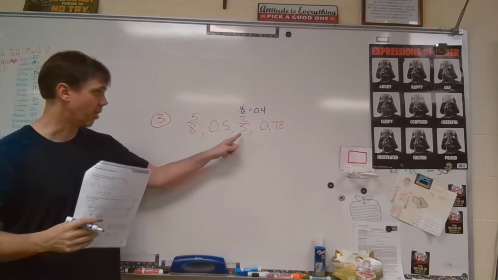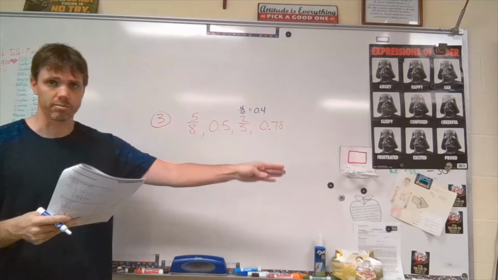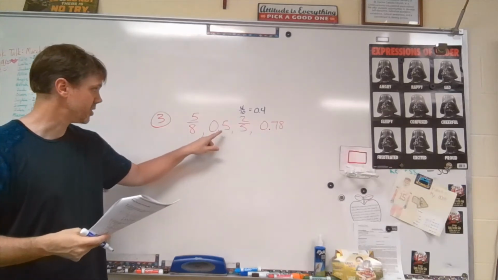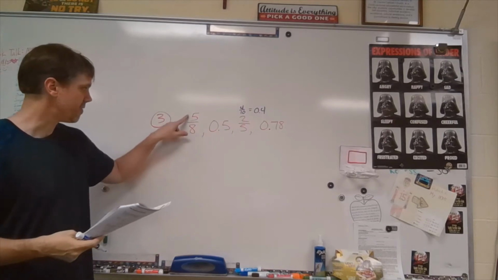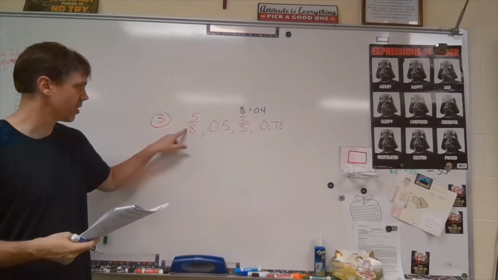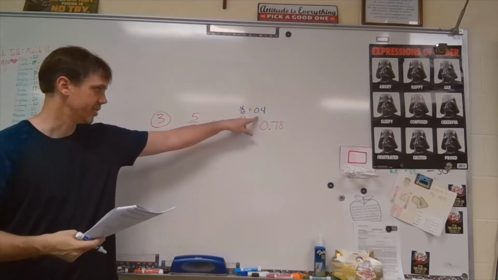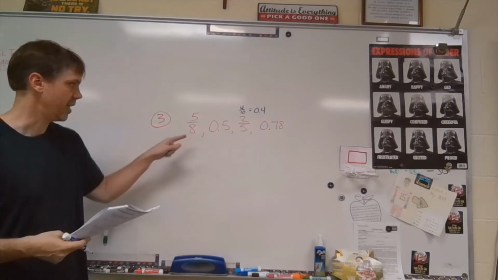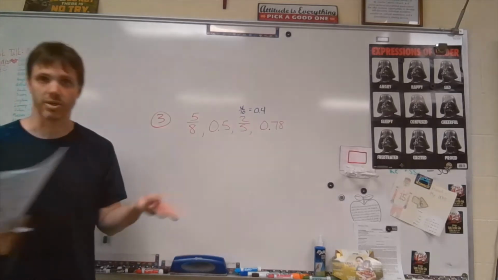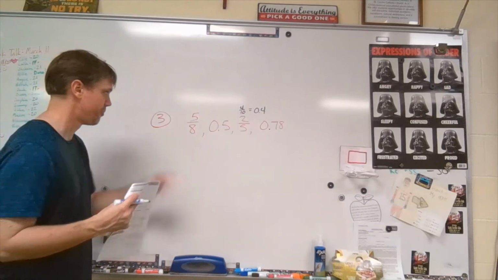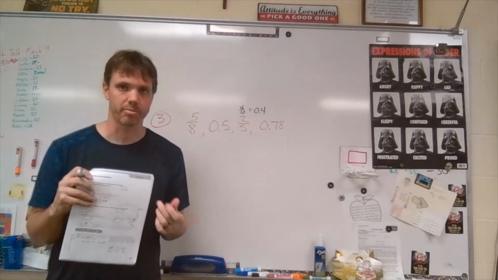We could arguably say it should be our last number because we're going from greatest to least. 0.5 is 1/2, and 5 is greater than half of 8, so 5/8 is bigger than 0.5, and 0.5 is already bigger than 0.4. So 0.4 will come last, then 0.5 next, and we have to figure out which is the greatest between the other two. Now, there's 2 ways to figure out eighths.